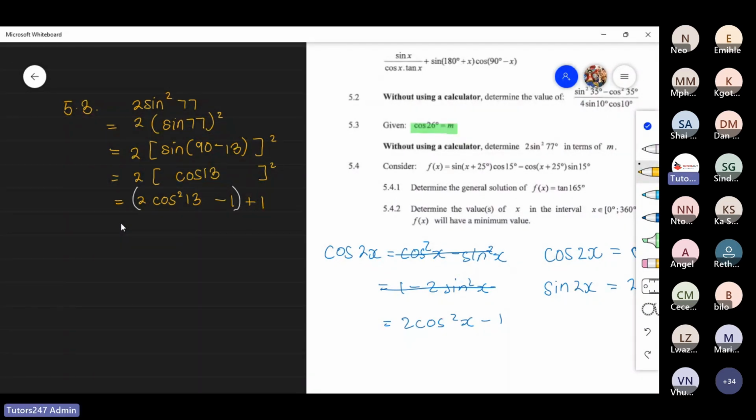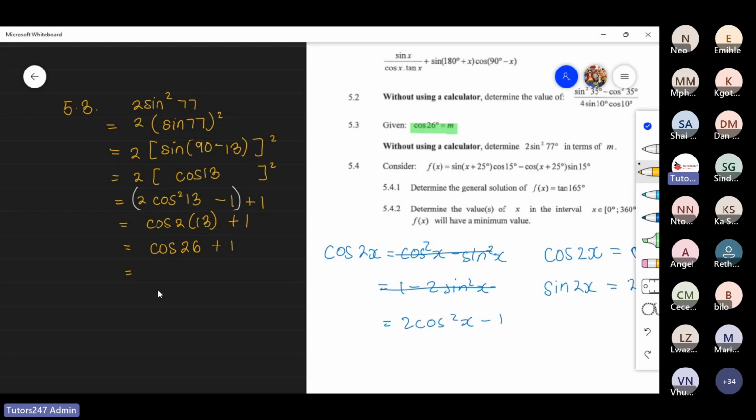Now from here, this is going to become my double angle formula, which is cos of 2 times 13, plus 1. From there, 2 times 13 gives me cos of 26 plus 1. And we know that cos of 26 is equal to m.